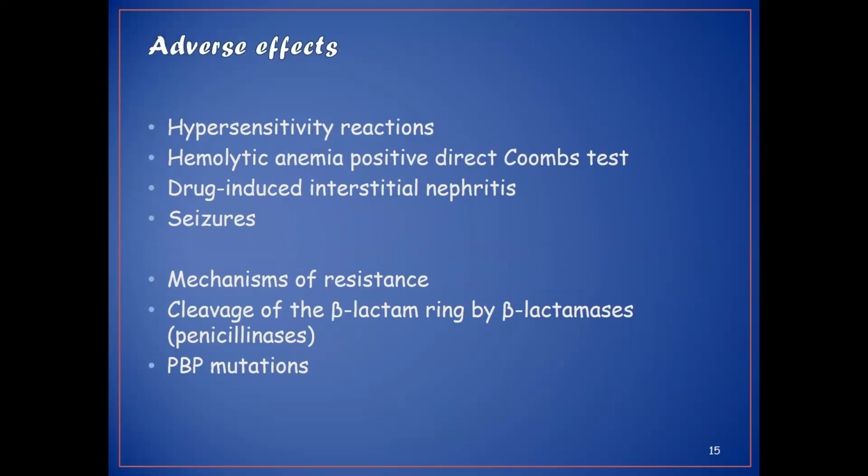The adverse effects include hypersensitivity reaction, hemolytic anemia with a positive direct Coombs test, drug-induced interstitial nephritis, and seizures. So what is the mechanism of resistance? We have cleavage of the beta-lactam ring by beta-lactamases, which are penicillinases. And if there is a PBP mutation, then our drugs are not going to act on it.